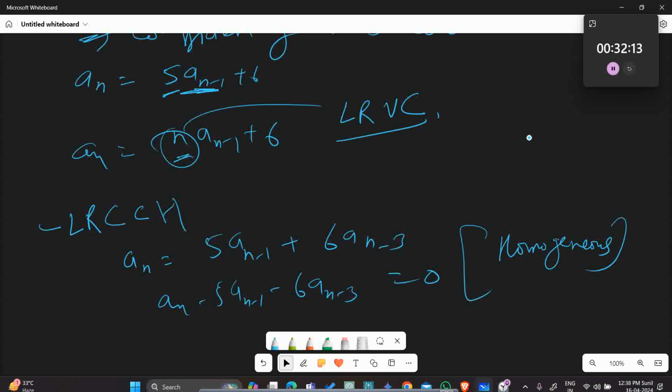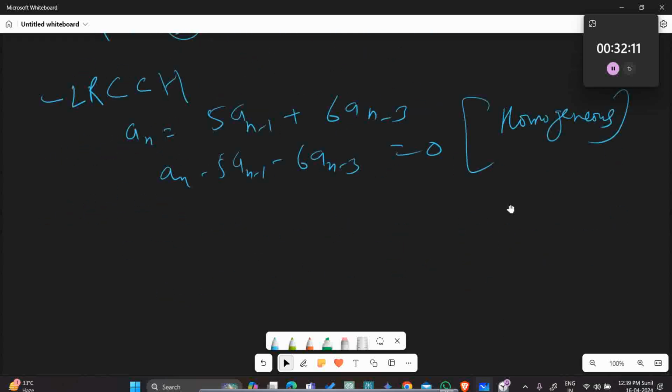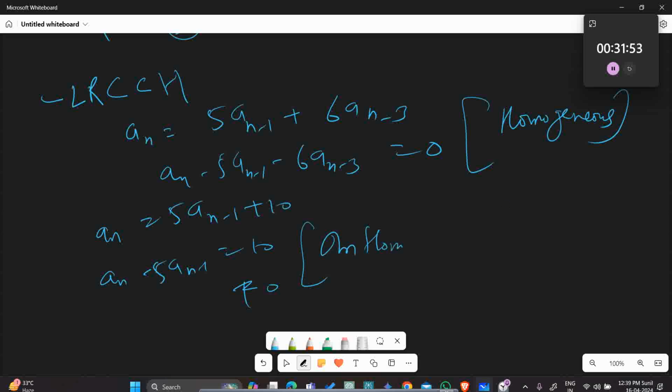But what if it is like a of n equal to 5 a n minus 1 plus something? It is not equal to 0, so it is inhomogeneous. Right?